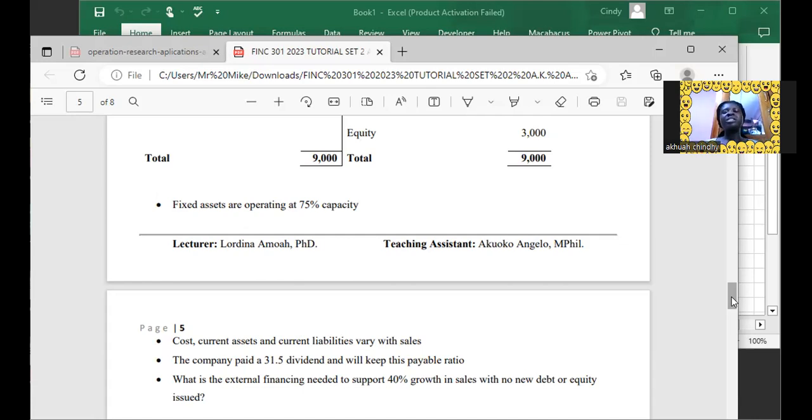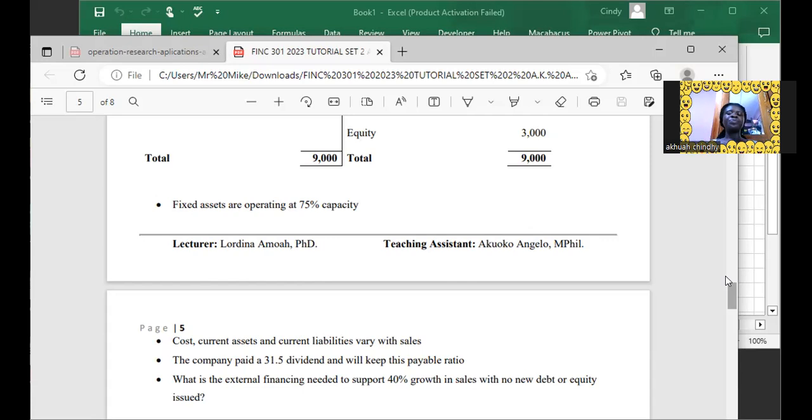So though the question says no new debt or equity is issued, it doesn't mean the equity figure in the old balance sheet will remain the same. They just tell you that they are not giving out new shares. But since we have retained earnings, they can aid equity to increase. For debt, there's nothing like retained debt. Since there are no new issues, the debt will remain the same. But equity will change, and we'll look at that later.